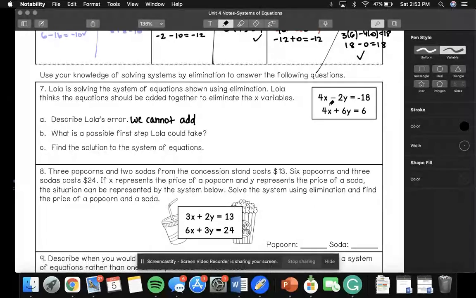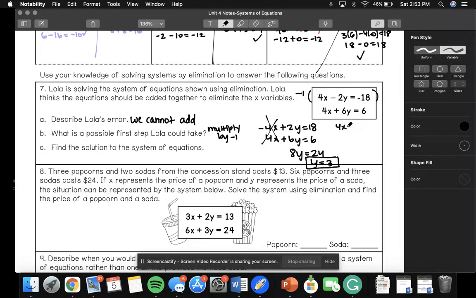Well, there are 4 x's, so we could multiply one of them by negative 1, and make it negative 4x plus 2y equaling positive 18. Because then they would eliminate. They would make 8y's plus 24, which means that y would equal 3.